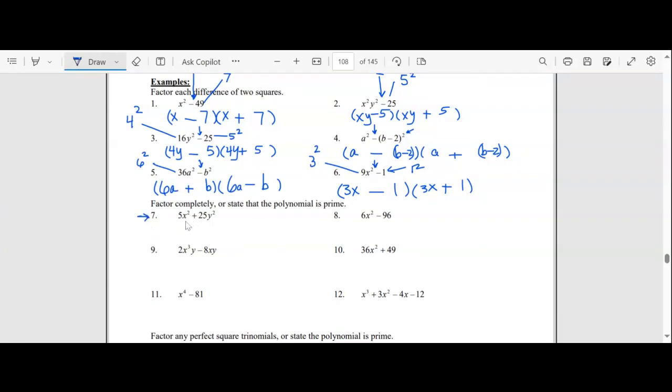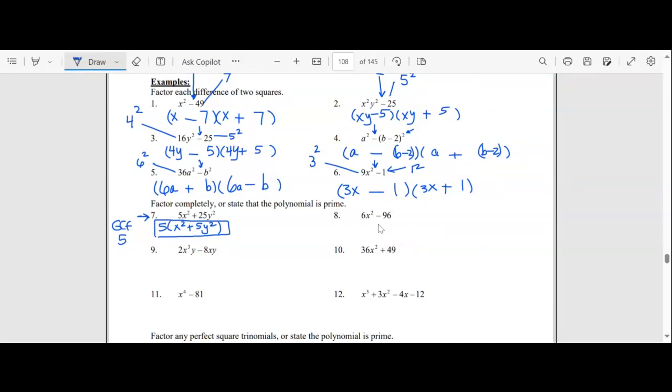Here, what is the greatest common factor? It's 5, correct? So take 5 outside. So what's left? x squared plus 5y squared. That's it. You cannot factor anymore. So this is your final answer. Next one here.